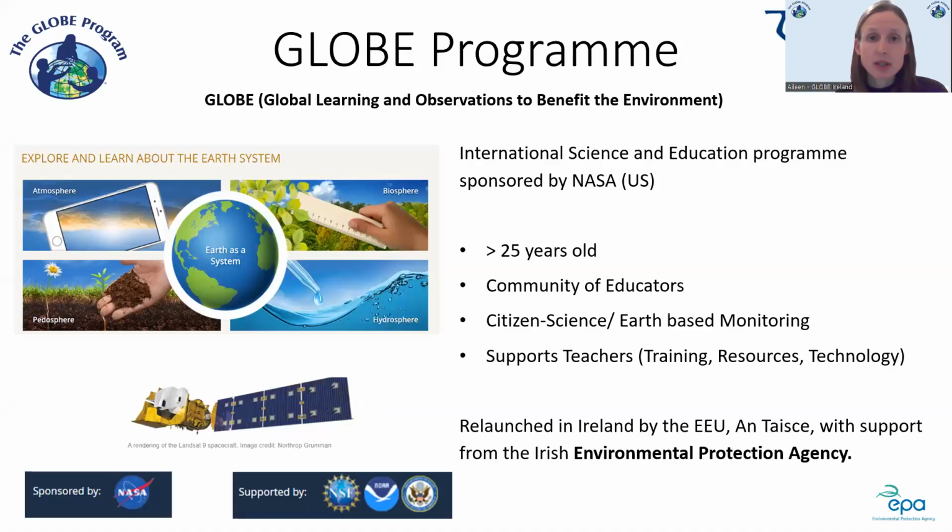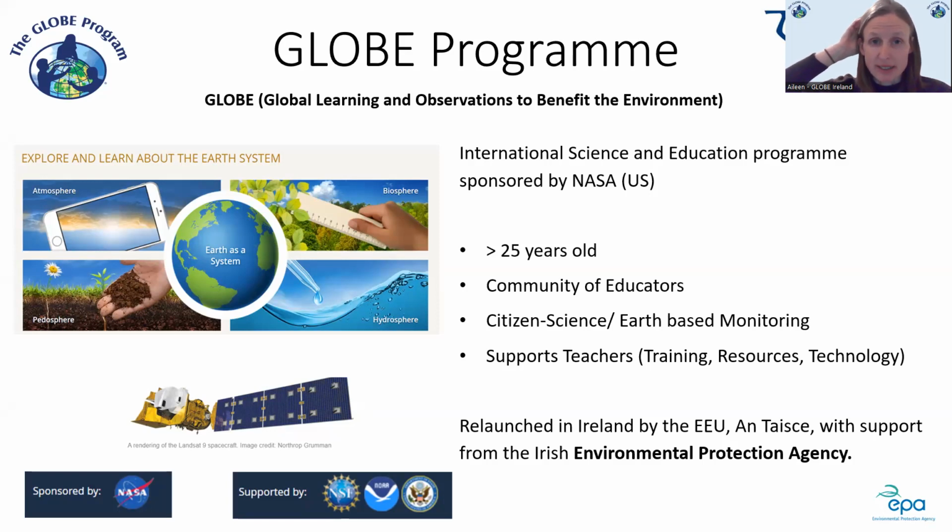Okay, so for those of you that don't know, GLOBE is an international science and education program. It's sponsored by NASA in the States. Over 120 countries are involved with GLOBE. It didn't get set up properly in Ireland until about 2017. We run alongside Green Schools out of the Environmental Education Unit of An Taisce, and we're sponsored by the Irish EPA.